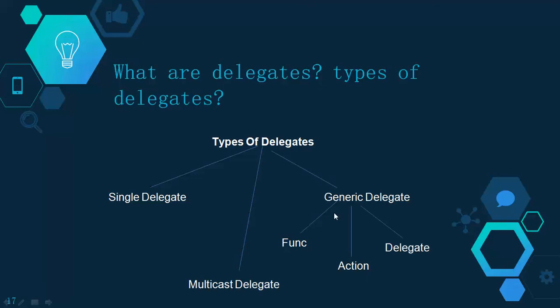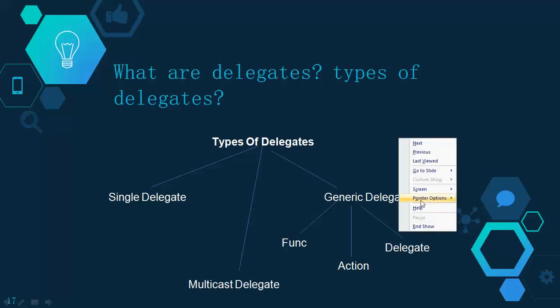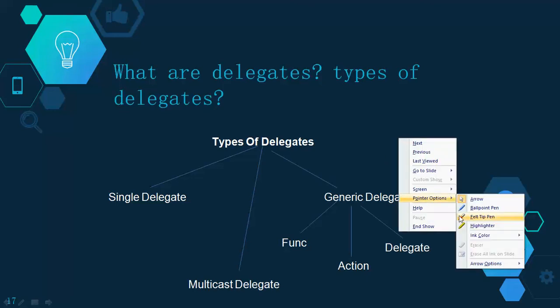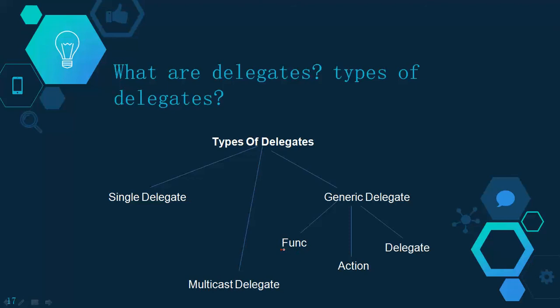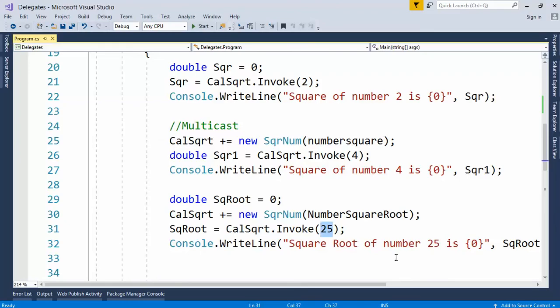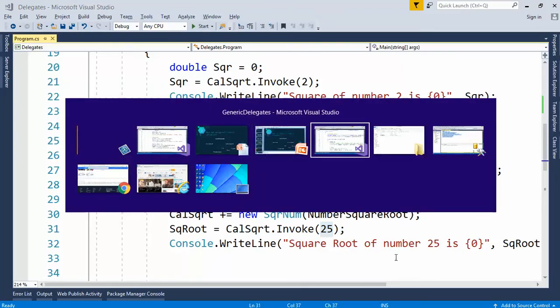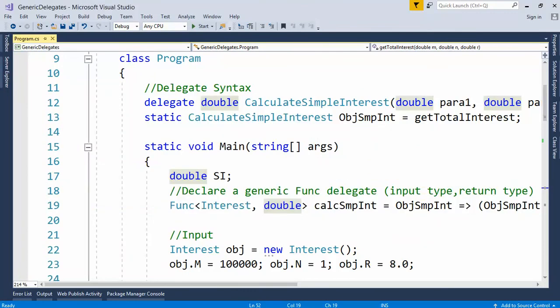Now we can see generic delegates. Basically there are three types of generic delegates: Func, Action, and Predicate.